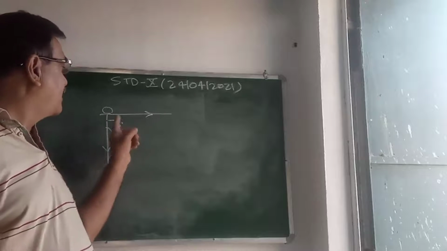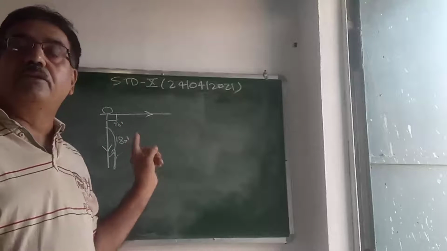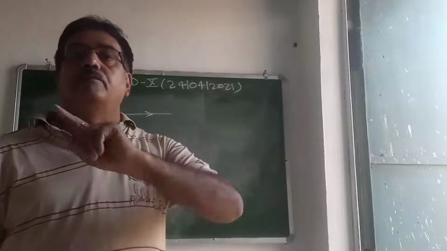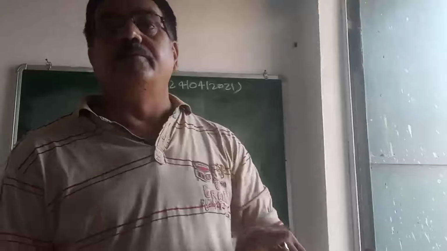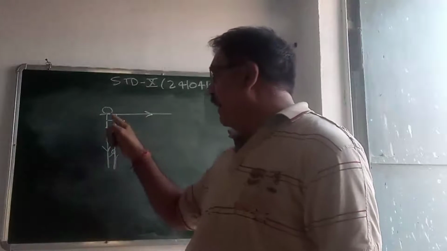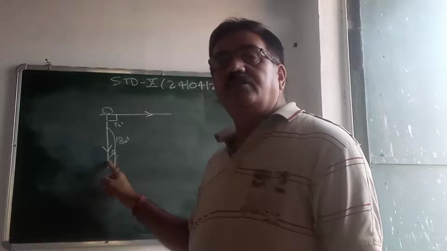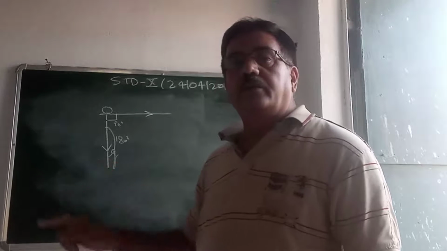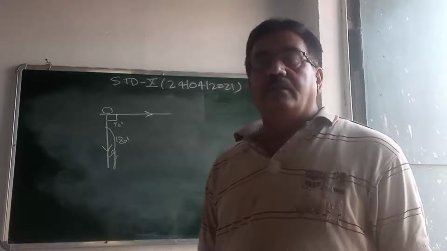The displacement against the force of gravity is normal, hence the porter doesn't do work. Remember, the displacement with respect to the force of gravity is normal. That's why the porter doesn't do work. Right?